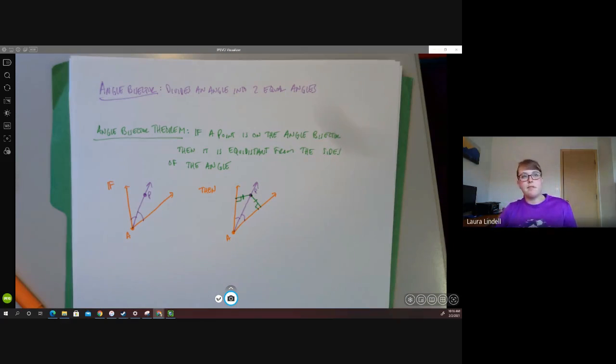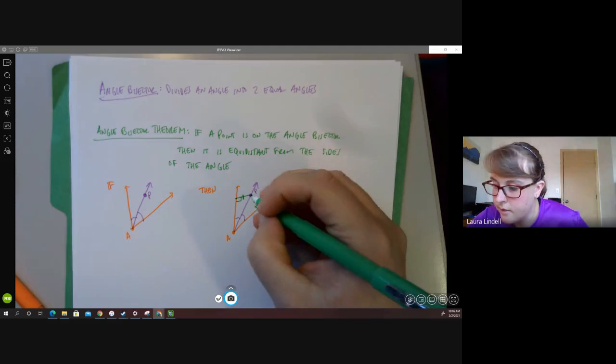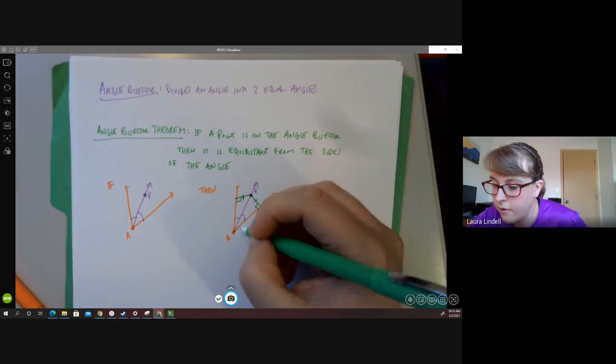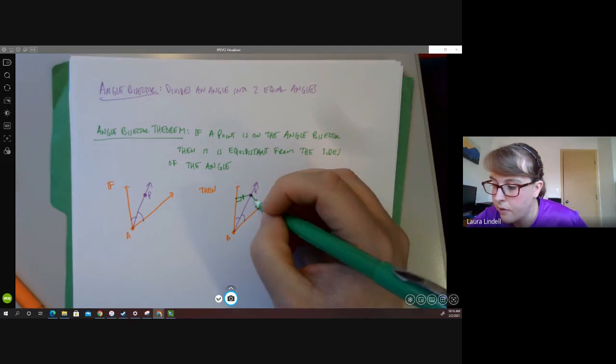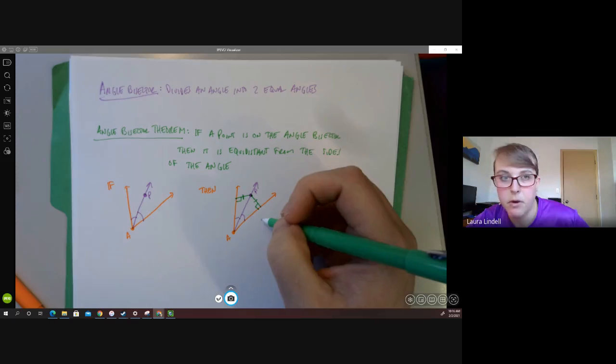And also, when we're measuring distances from a point to a line, or a point to a ray, or a point to anything, what we consider the distance from a point to a line is the shortest distance, the perpendicular distance. So if I go from this point to this ray right here, and I want to find the distance, my distance is going to be the length of the segment that is perpendicular to what I'm going to.